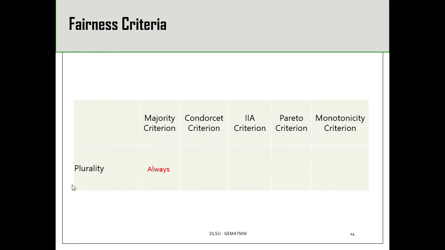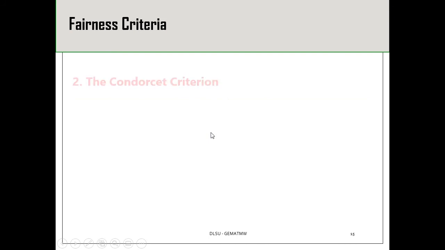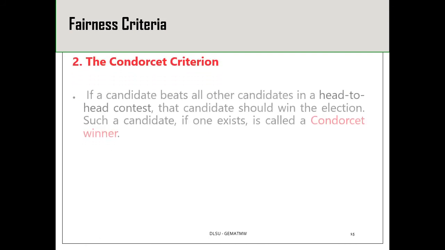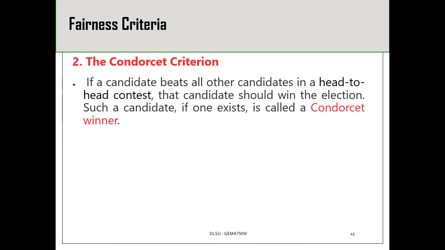Now, let's scrutinize plurality method according to the next fairness criterion. This time it's Condorcet. If a candidate beats all other candidates in head-to-head contests, then that candidate should win the election. Such a candidate, if one exists, is called the Condorcet winner.